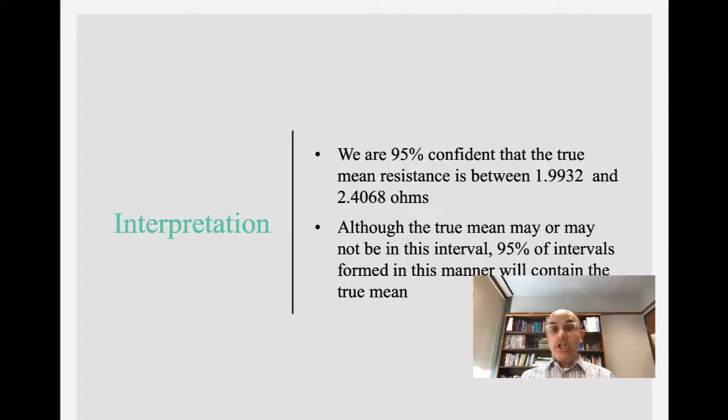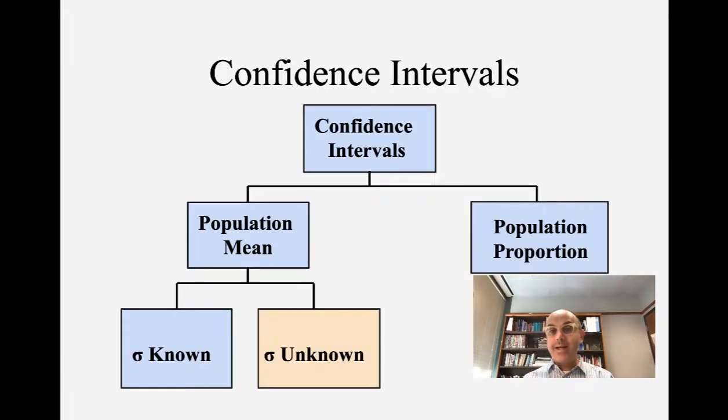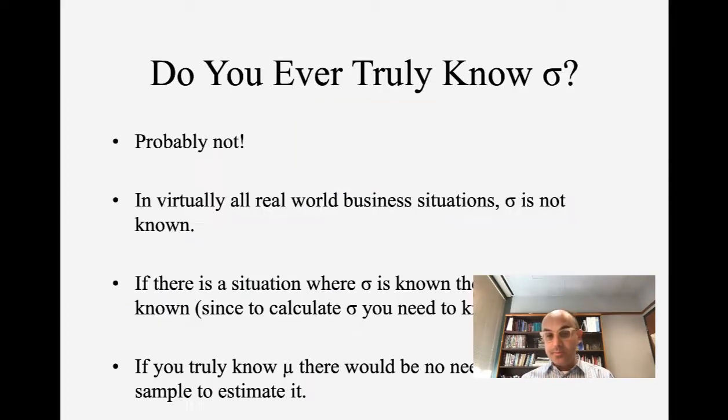The interpretation, again: how do we phrase it, how do we justify it? I want you to make sure you understand that, because next we are talking about when sigma is unknown. Do you really truly know it when it is known? The answer is probably never. In virtually all real-world business situations, it is unknown.